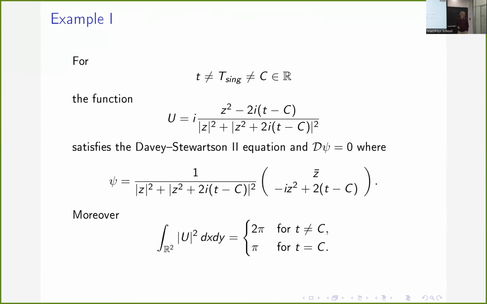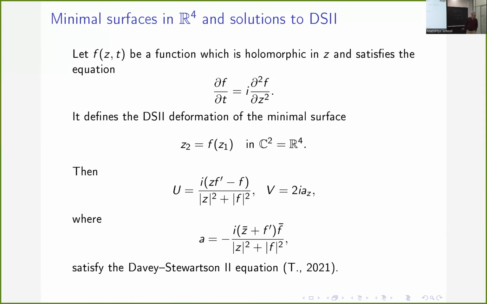Sorry, I want to understand what you're saying. On the previous page, you can see the graph defined by f, and they require it to be a minimal surface. Yes, it's always a minimal surface. But then deformed graph, yes.